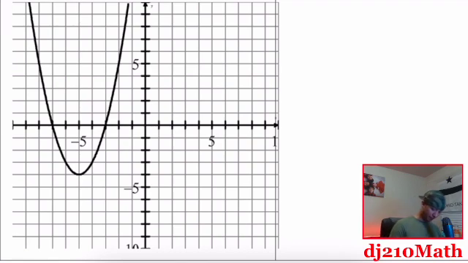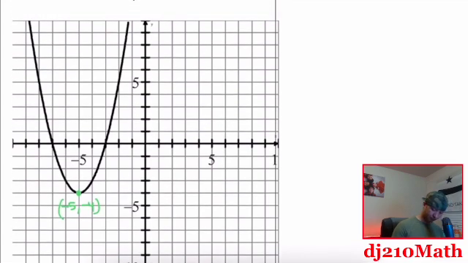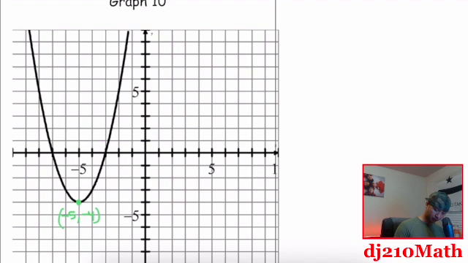Okay. Vertex, -5, -4. So y is equal to a times x plus 5, inside lies, I always say that, squared minus 4. Picking a point that's not the vertex.